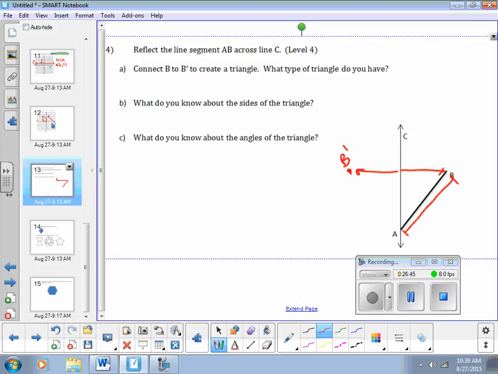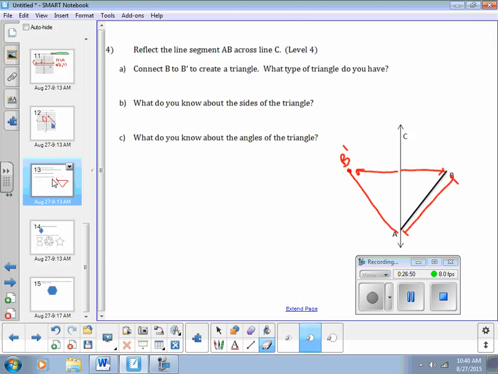So that means B prime to A should make a triangle. You guys see the triangle now? Yeah? Very important.